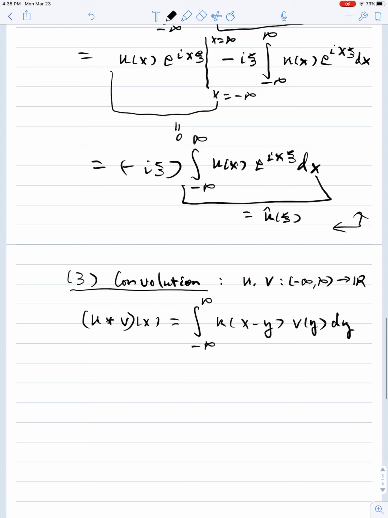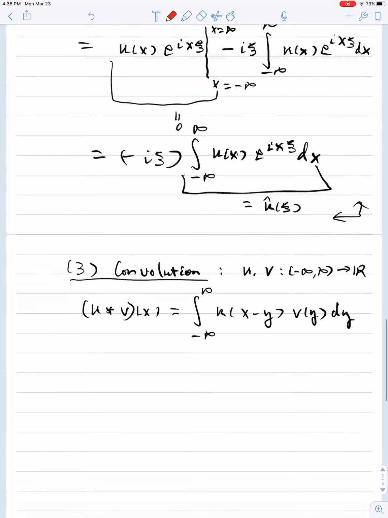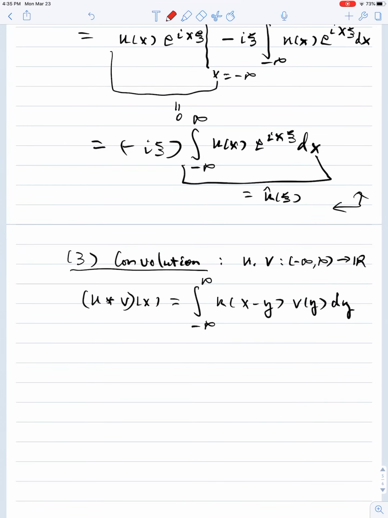Now you may be curious why this definition of convolution is a little bit different from what we learned when we studied the Laplace transform. In the case of the Laplace transform, when the functions u and v are real-valued functions from 0 to infinity, we defined the convolution like this.